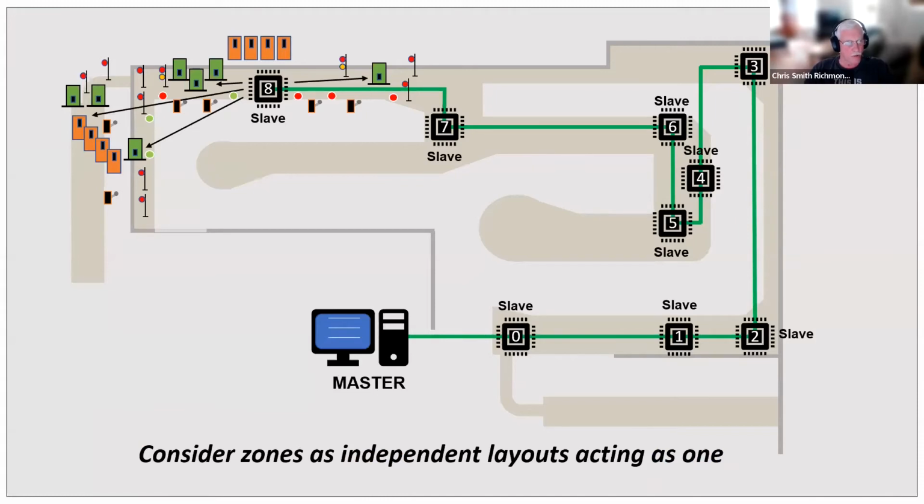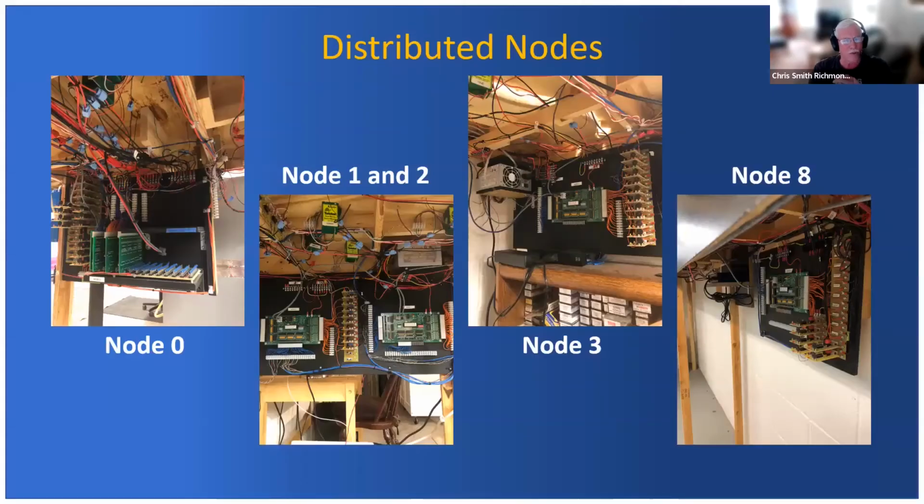Again, we distribute nodes on a layout because you want to minimize wire runs and you want easier troubleshooting. So devices and discrete components are connected directly to their serving node, and then that node is on a communication bus. Here are some examples. I have 9 nodes, and here are some pictures of the general configuration.